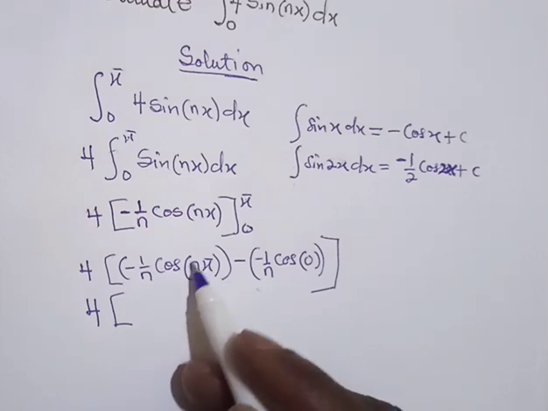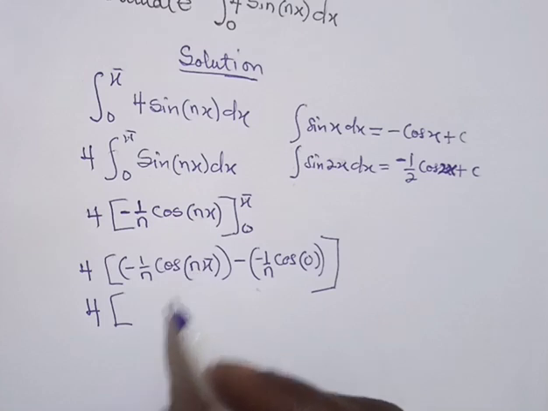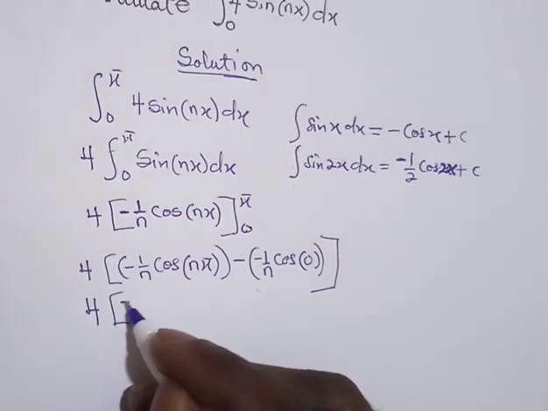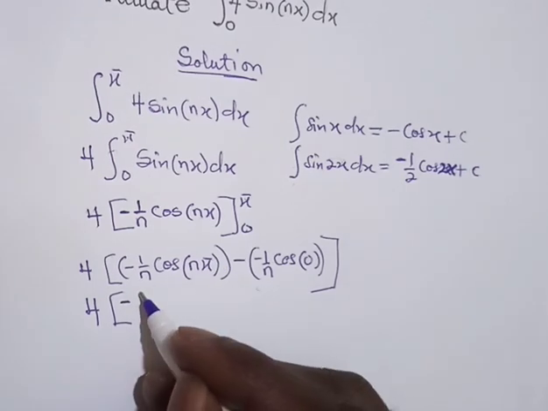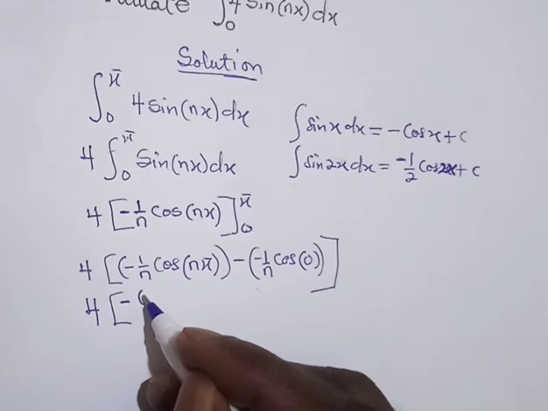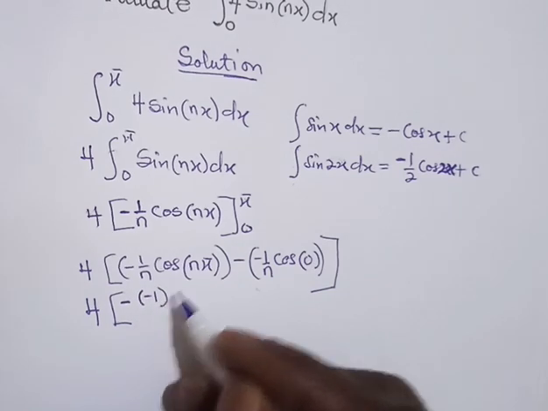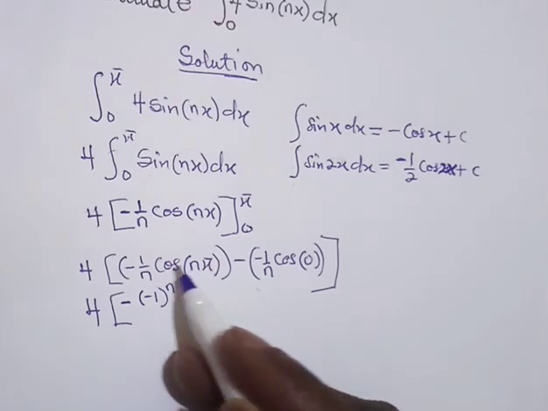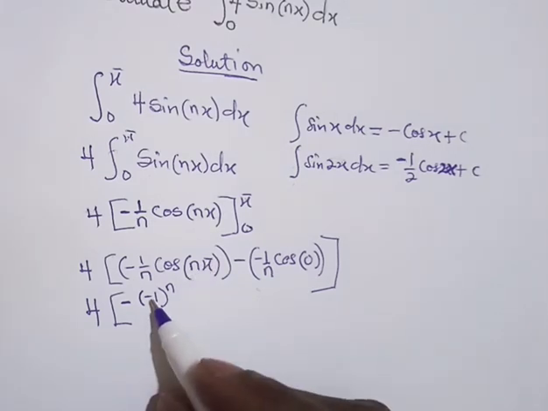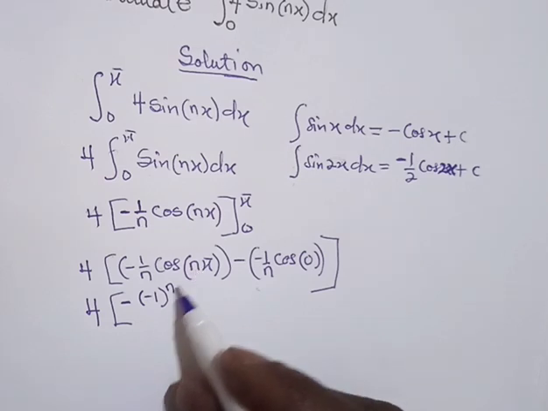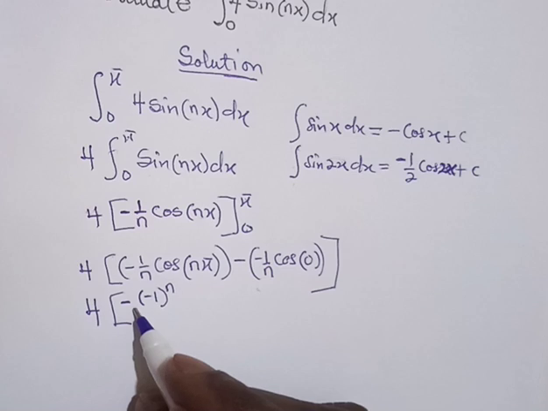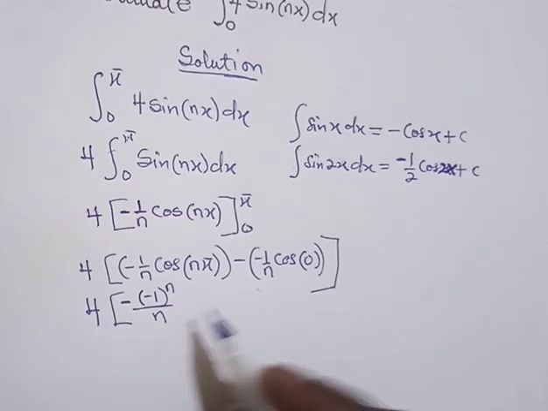Good. So the n will take the exponent part. So here is negative, then we have negative 1 exponent n, because when you take cos pi, you are getting negative 1, and because we have n here, the n will take the exponent. Good. Divided by our n.